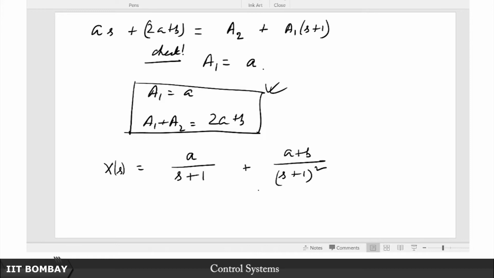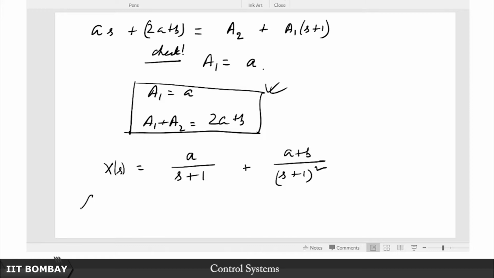Now how does this help us in getting the Laplace inverse? Because these sorts of expressions are straight away available in the inverse Laplace table. In fact, we do well to remember these sorts of results, and I am sure that after having practiced a number of problems of this kind, these will seem very familiar.